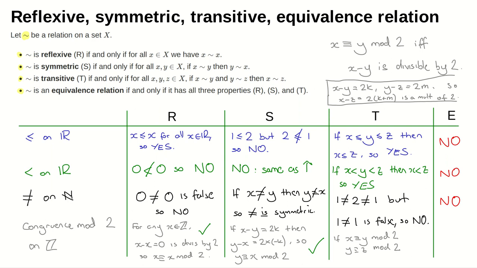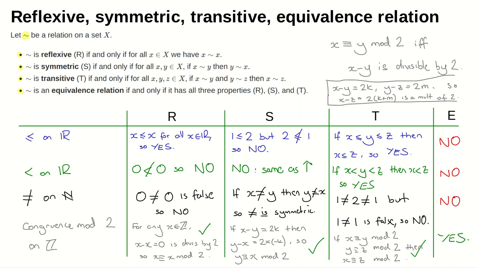We've shown if x is congruent to y mod 2 and y is congruent to z mod 2, then actually x is congruent to z mod 2 as well. So this is a transitive relation. It has all three properties: reflexivity, symmetry, and transitivity. Therefore, it is our first equivalence relation.